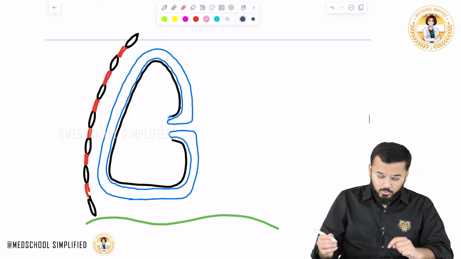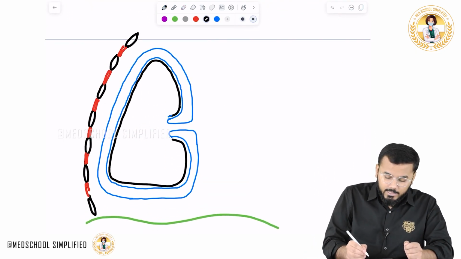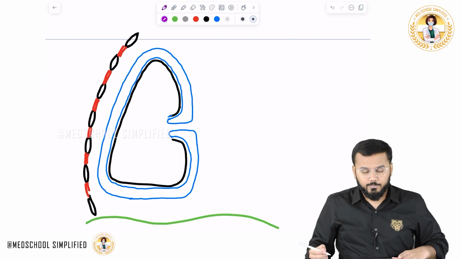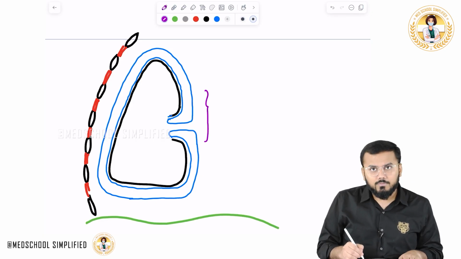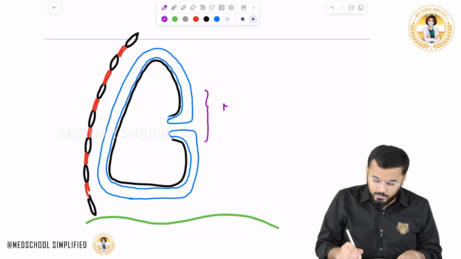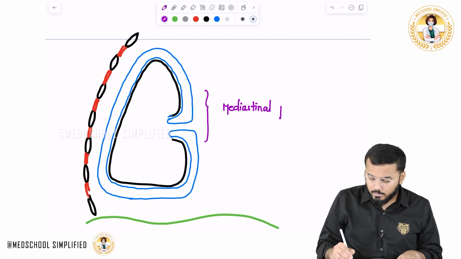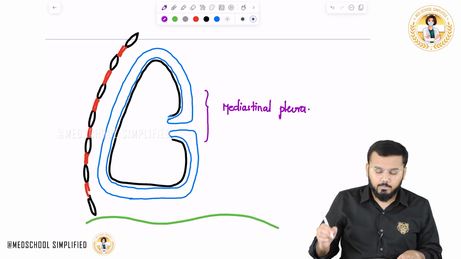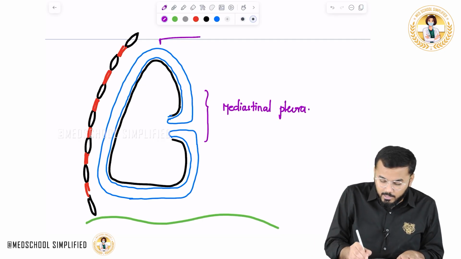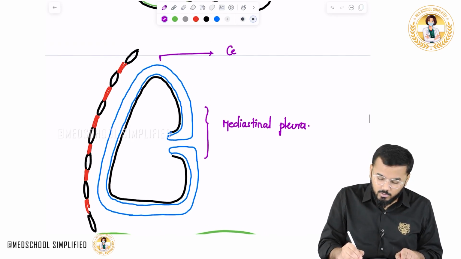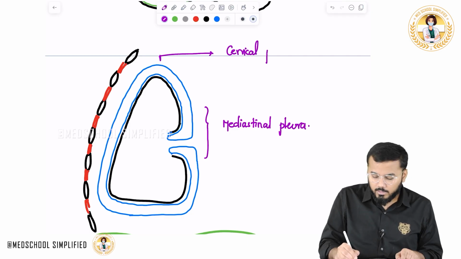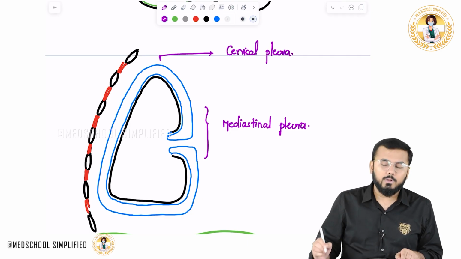Okay. So what I am trying to tell you is that here we have got different kinds of pleura. For example, this part of the pleura which is facing towards the center, the mediastinum, is called the mediastinal pleura. Next, this part of the pleura which is facing the top, the cervical region, is called the cervical pleura.